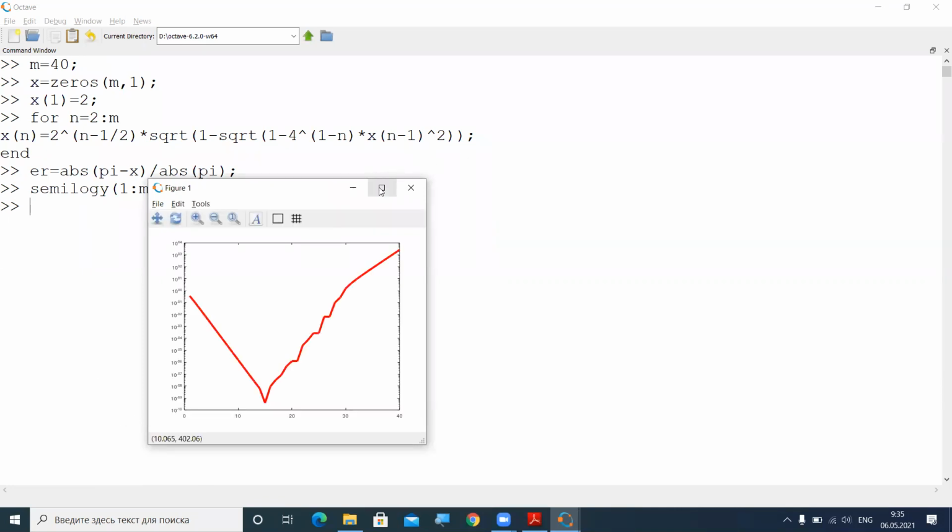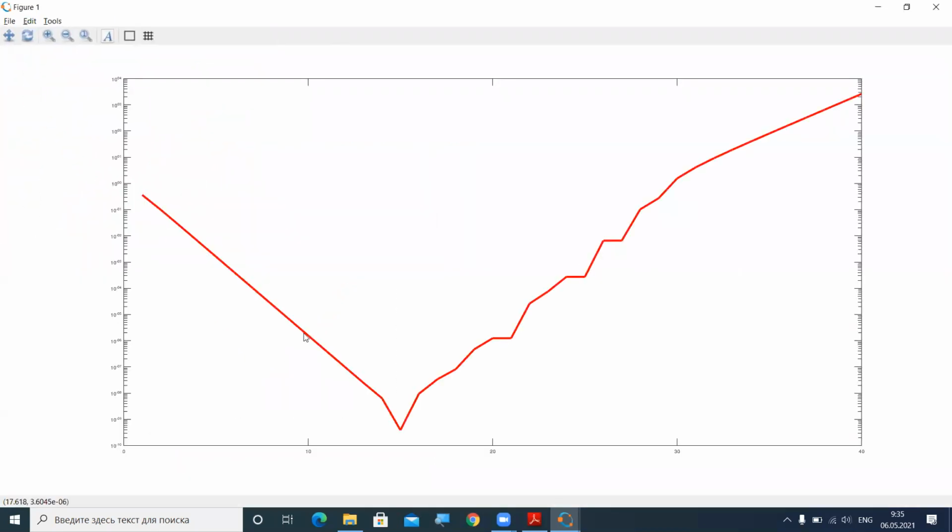So we can see our plot using this half logarithmic scale, semi-log y. You can see the x-axis changes from 0 till 40. Here we cannot use logarithmic scale, since in logarithmic scale they would be very small, but they should be bigger numbers, from 1 till 40 in this case.